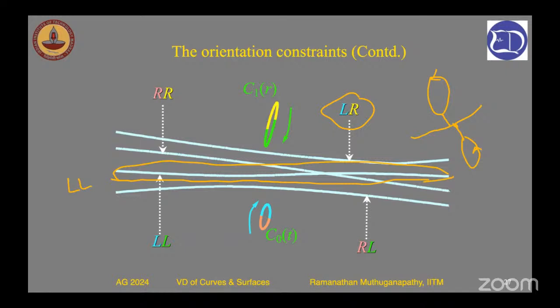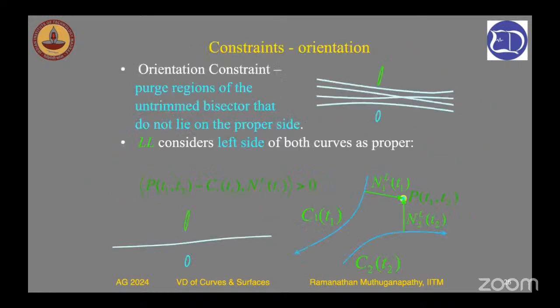By applying the LL constraint, we are removing the other bisector portions, like the LR, RR, and RL portions. As we know, the Voronoi between two curves C1 and C2 will only need the LL constraint, which is the orientation. We only want the points on the bisector lying to the left of C1 as well as to the left of C2. That is what we mean by an orientation constraint.